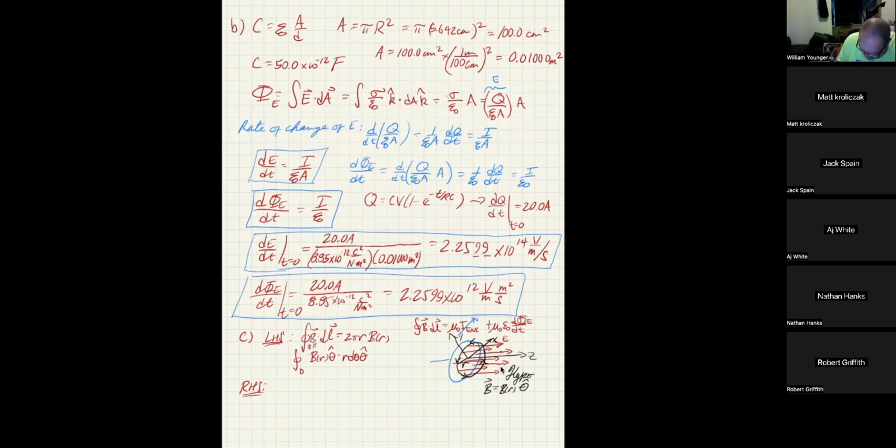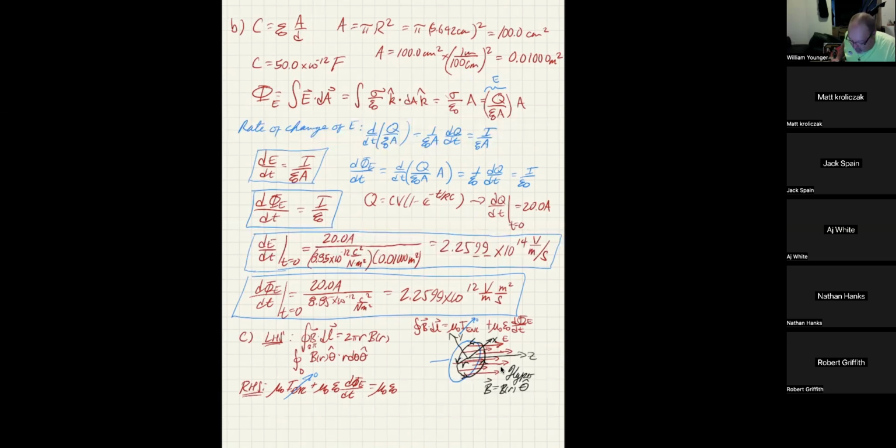So the right-hand side is mu 0 I enclosed plus mu 0 epsilon 0 d phi E over dt. And as we said before, I enclosed is 0. So this just becomes mu 0 epsilon 0 times d phi E over dt, which now we can't say is the full 20 amps.